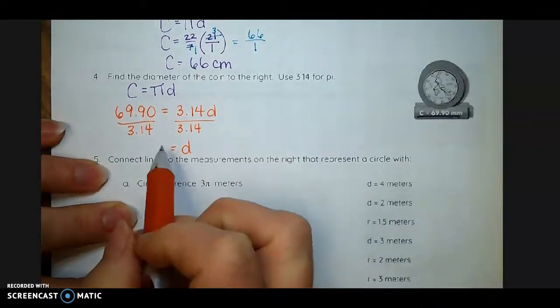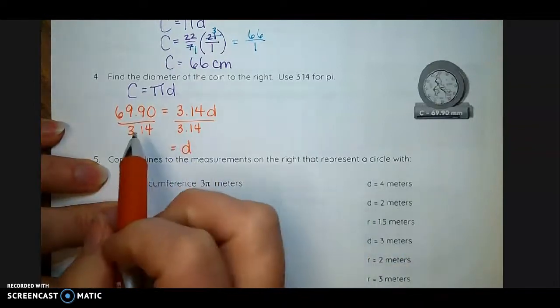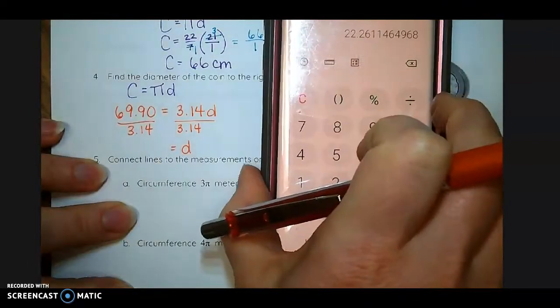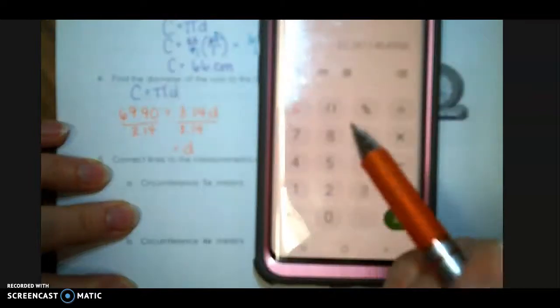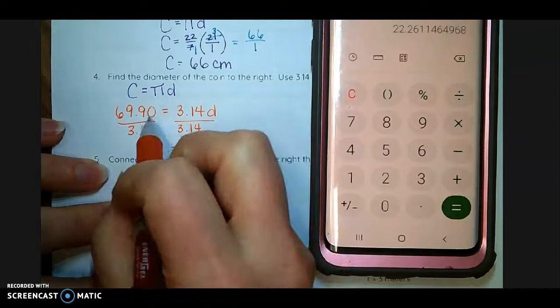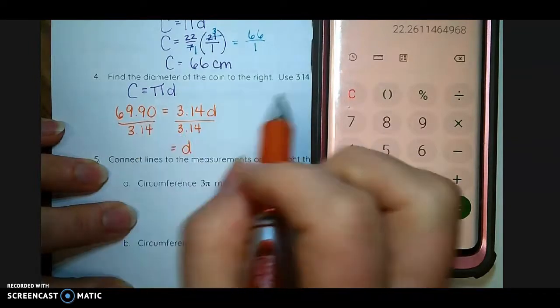And when I divide 69.9 by 3.14, I get this horribly long decimal. And it didn't tell me what to round to, but I'm going to go ahead and round it to the hundredths place, I'm sorry, because we went out to the hundredths place here.